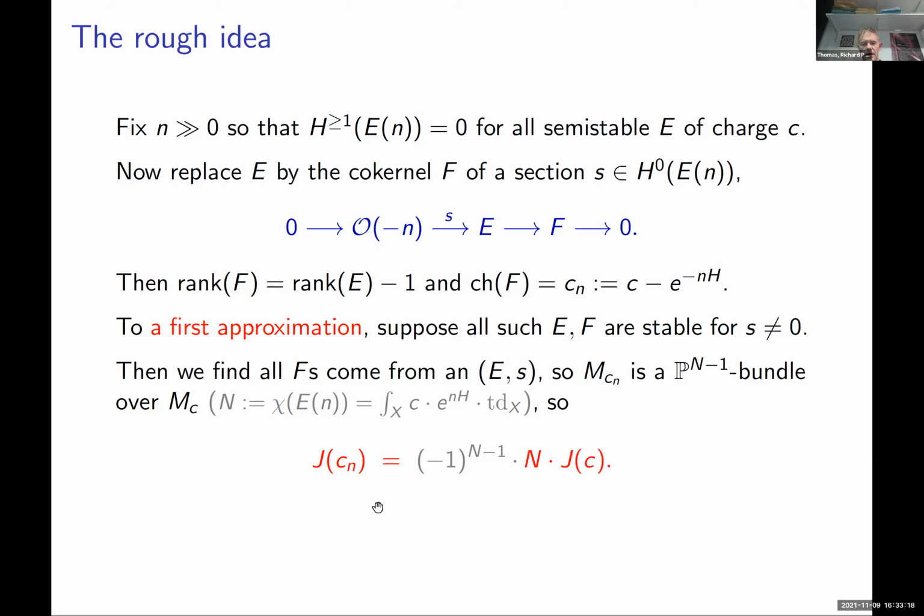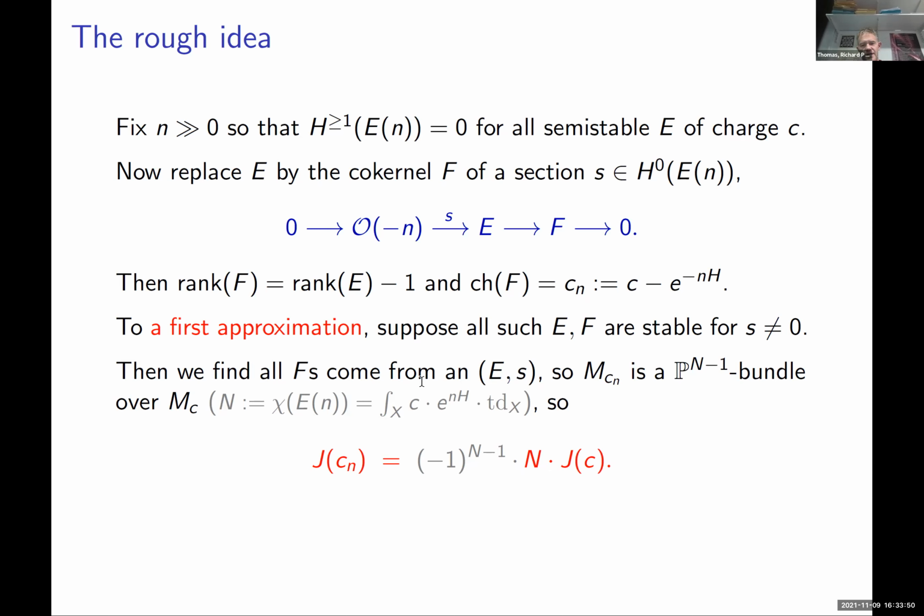And so what I end up with, to a first approximation, is that the DT invariant counting Fs is the DT invariant counting Es times the Euler characteristic of the fiber, this P^(n-1) bundle. So that's just n, where n is the number of sections. It's just this topological number because remember I twisted up so there's no higher cohomology.